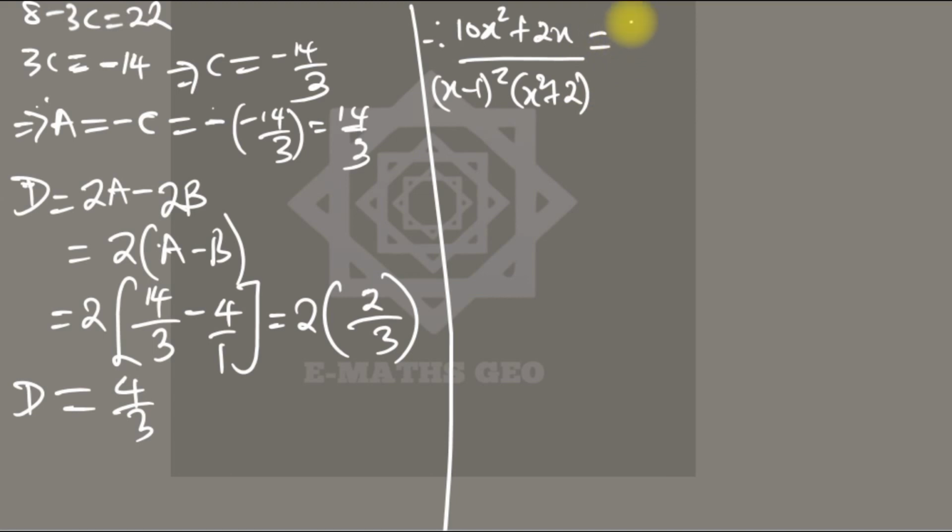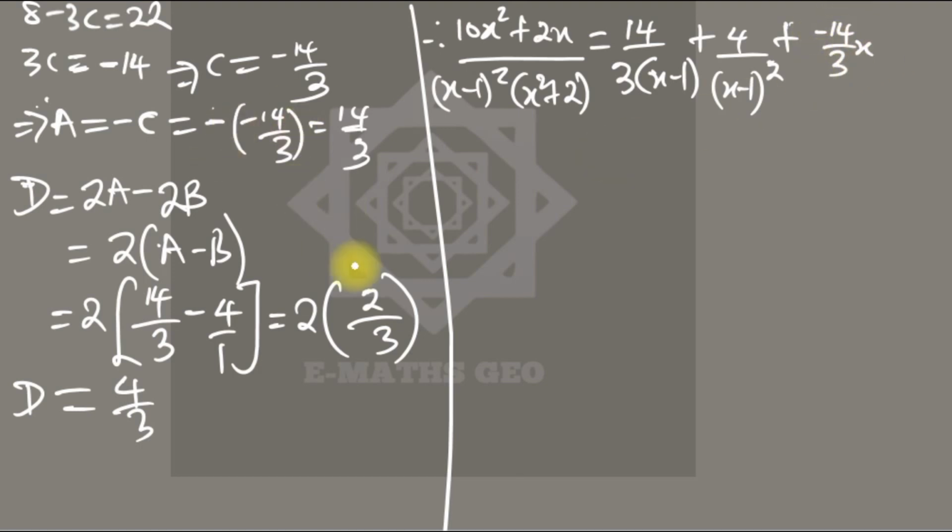The value of a is 14 over 3 times x minus 1 plus b. Our b is 4, so we'll have 4 over x minus 1 all squared plus c. C is minus 14 over 3x, plus d is 4 over 3, that's all over x squared plus 2.